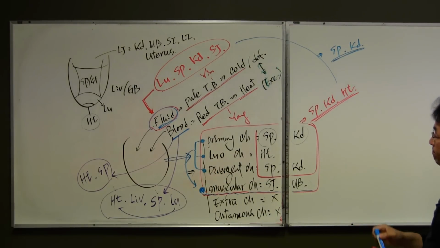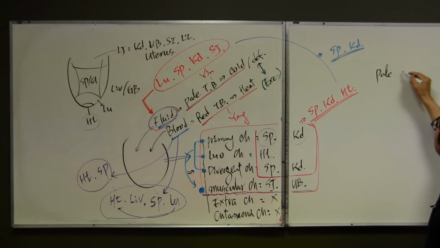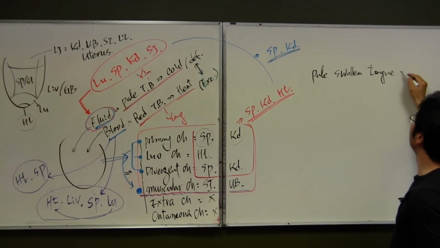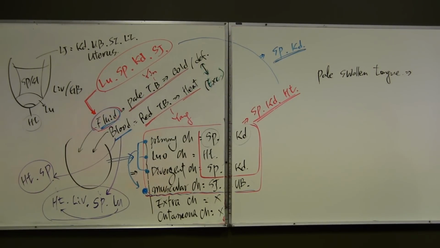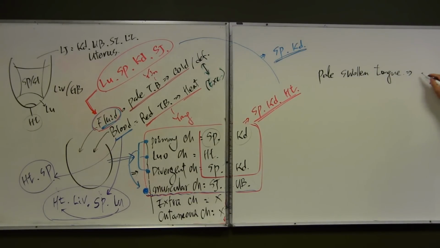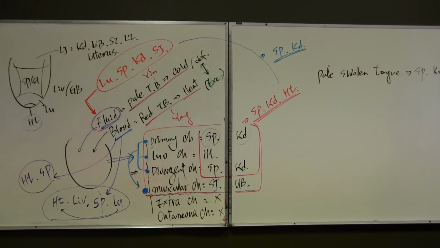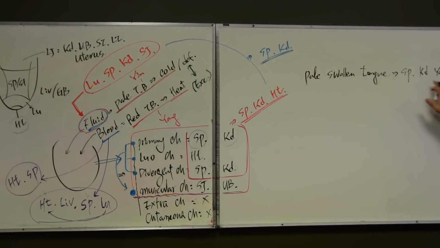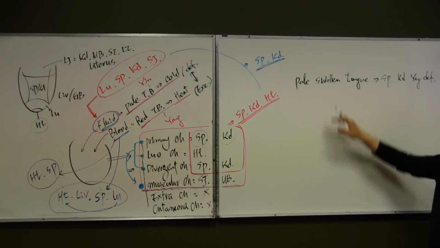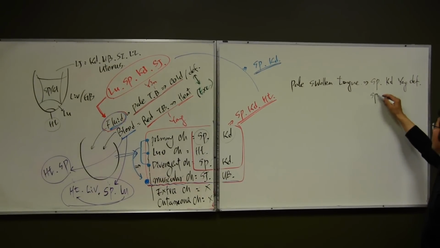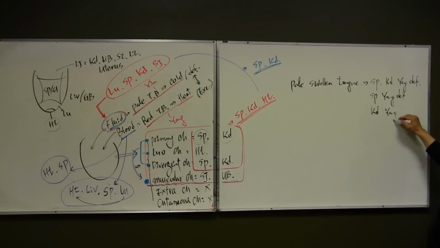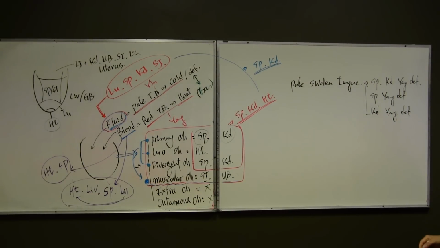If someone has a pale swollen tongue, usually that is from spleen yang deficiency or kidney yang deficiency, one of those usually causes the pale swollen tongue.